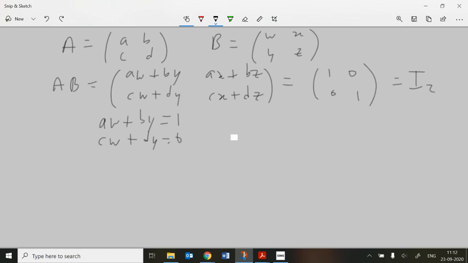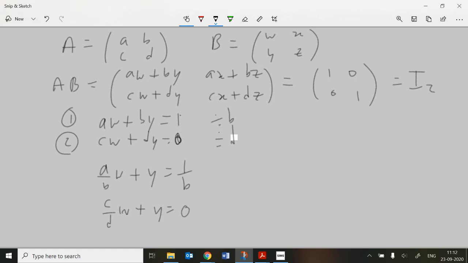But if we're going to solve this set of simultaneous equations, let's try dividing this one by b, this one by d. So there's 1, there's 2. And so we're going to get a over b w plus y equals 1 over b. And in the second line, we're going to get c over d w plus y equals 0 over d. 0 over d is, of course, just 0.